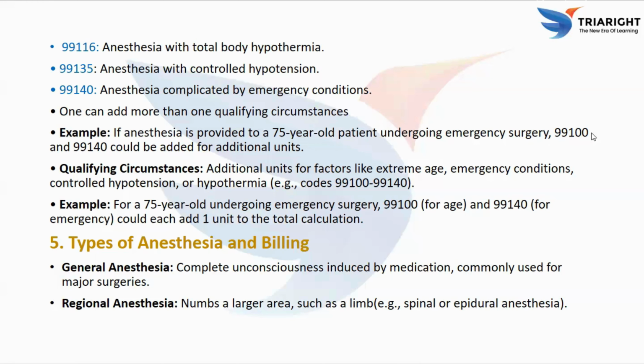So what is the answer? Yes, 99100 and 99140 can both be added, one for extreme age over 70 years and another for emergency condition. Here 99140 denotes the emergency condition. Each code may add one extra unit, which is payer dependent.